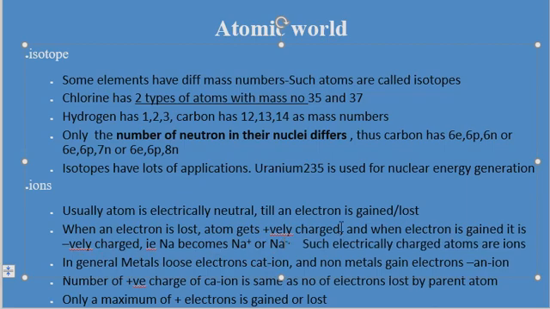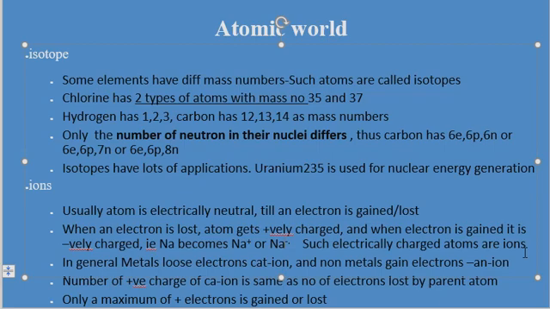What is Na? Sodium. Such electrically charged atoms are called ions. Now metals lose electrons. When you lose electrons, your electrons will become less, protons will become more. That means you will become positively charged. It is called a cation.